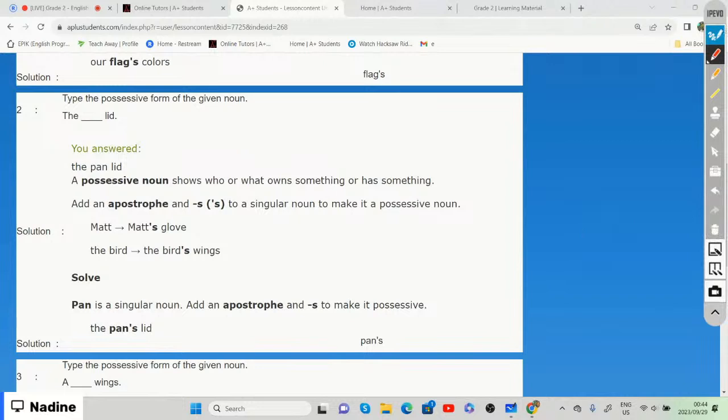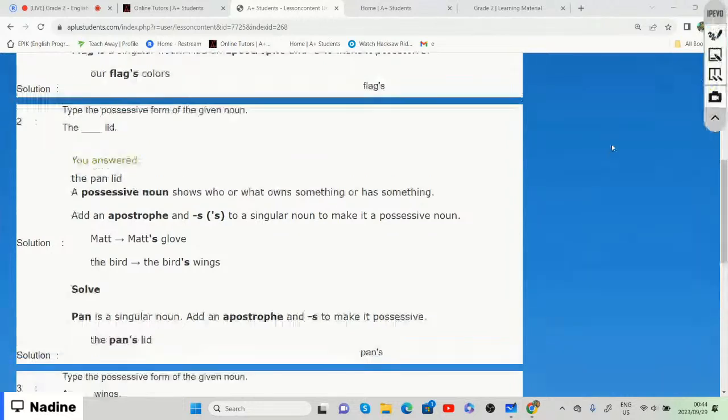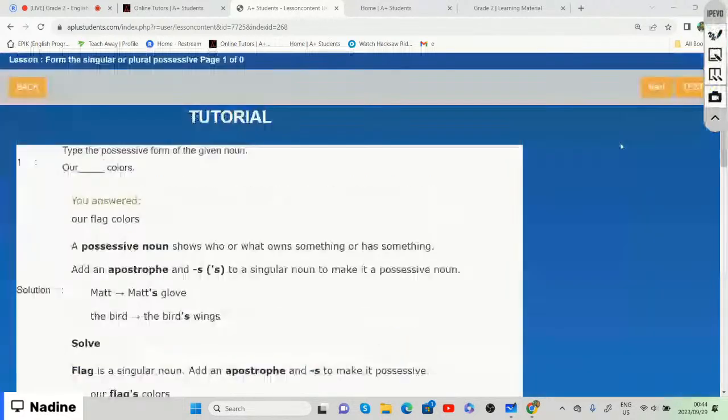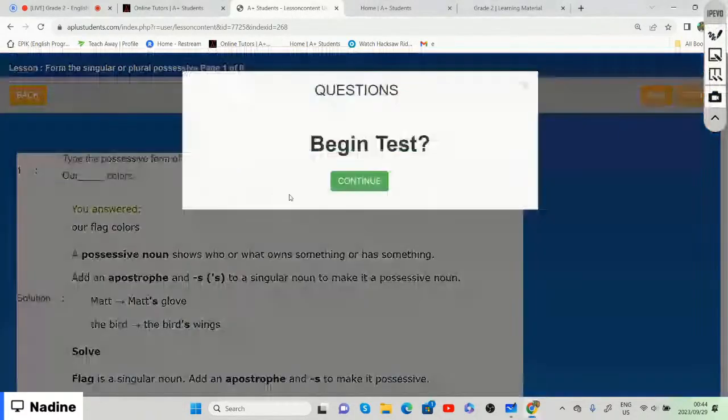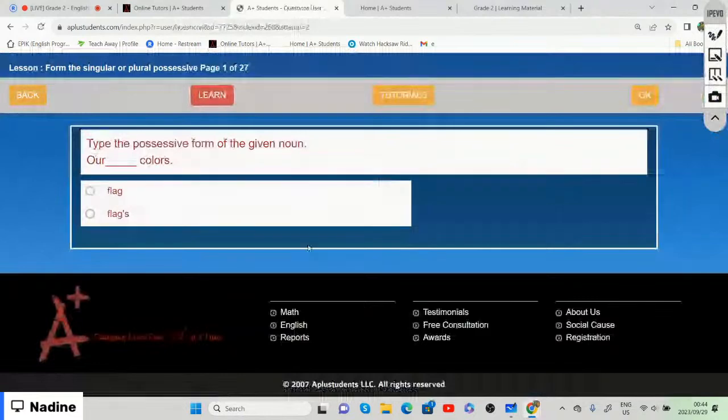All right, so now let's go to our test. So our colors. Is it our flag colors or our flags' colors? We need to type the possessive form of the given noun.